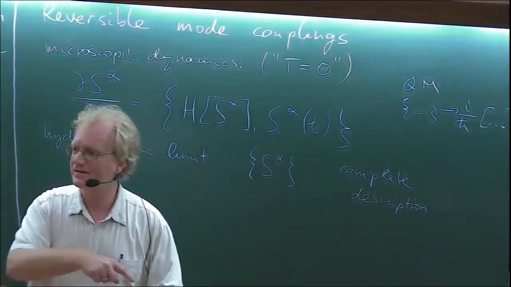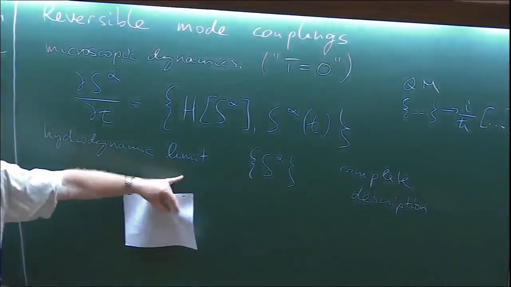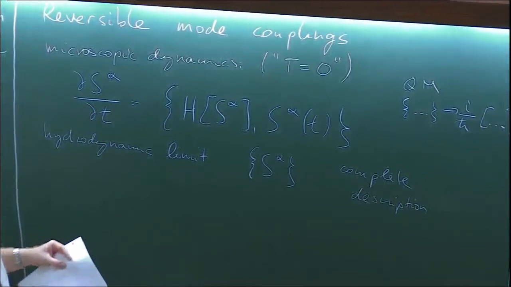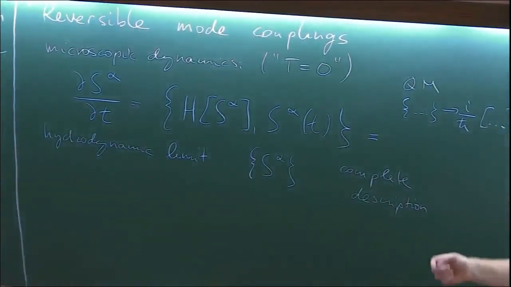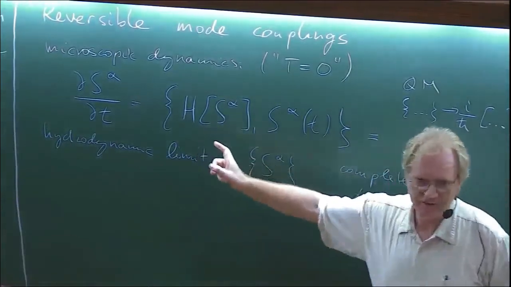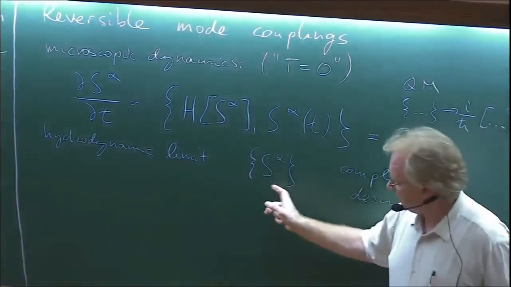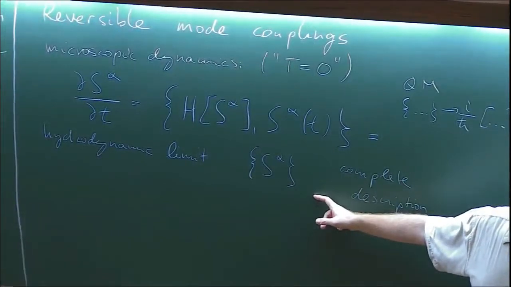But I'll shirk this anyway with the step saying that this is a complete description, because what that means is I can keep going here and expand my Hamiltonian formally in these variables.